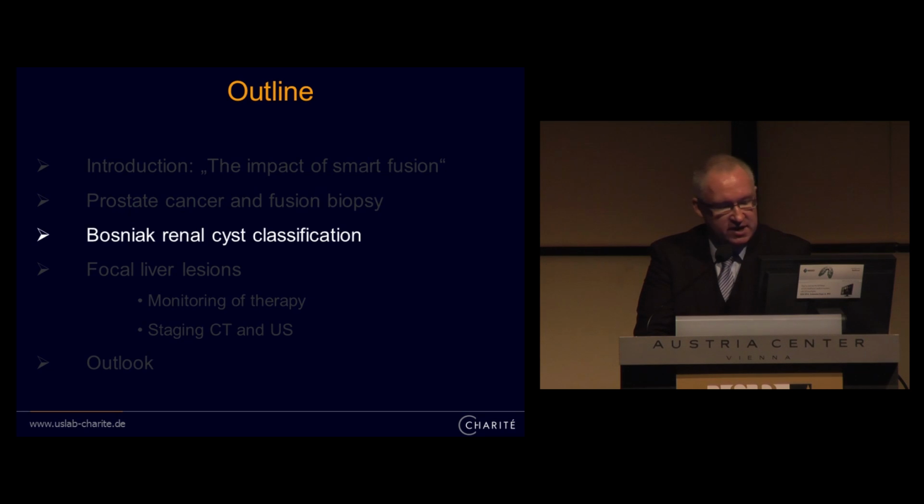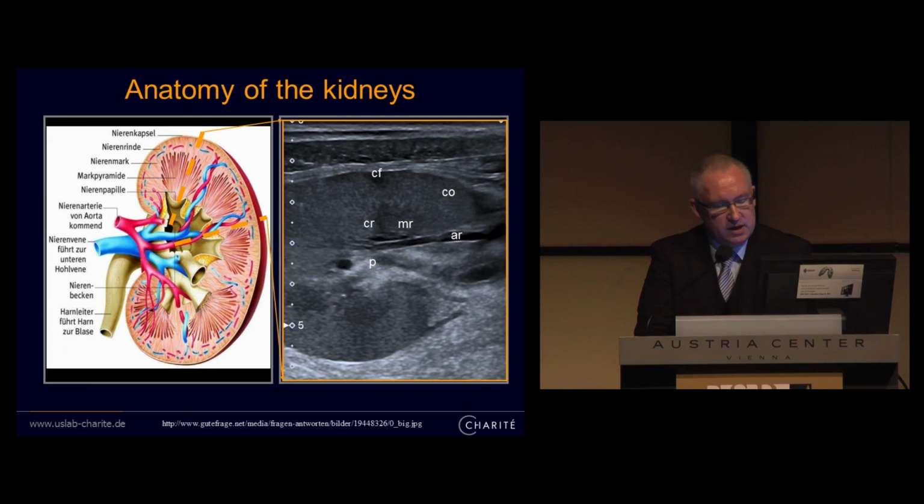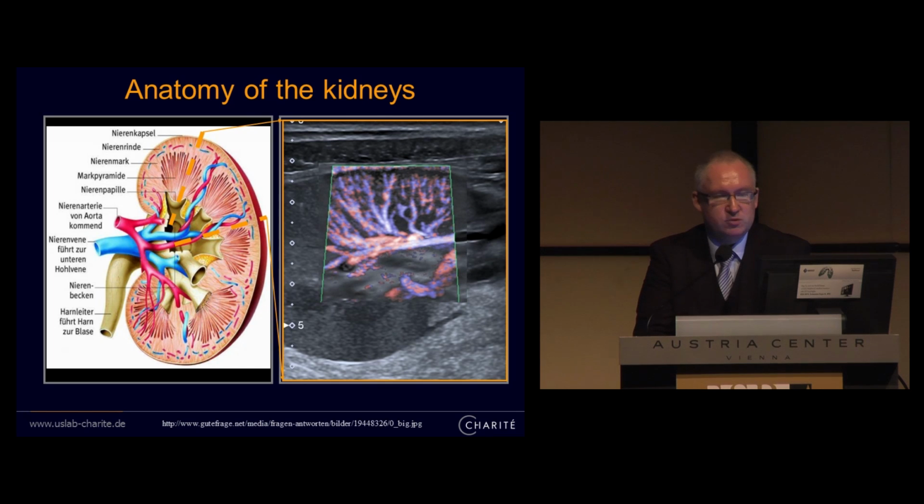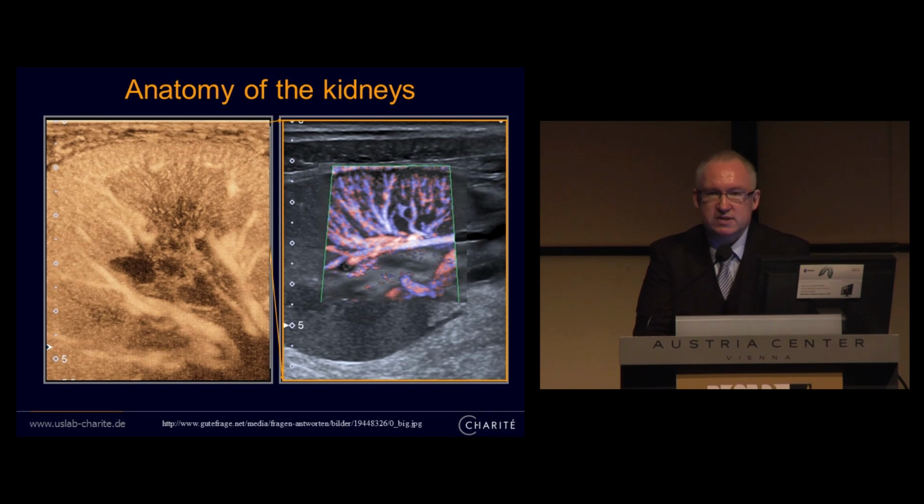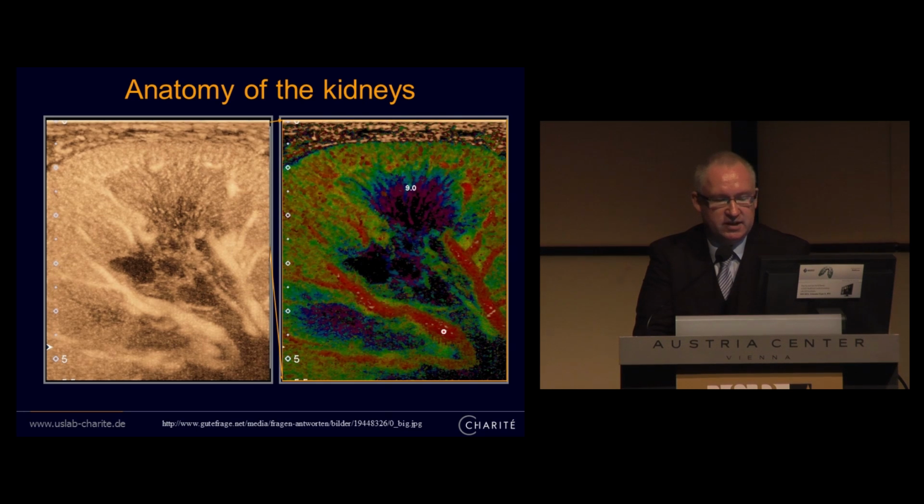What about Bosniak renal cyst classification? And of course, we have to know first, we have a very nice B-mode quality. The kidney looks like an anatomical booklet, in my opinion. We see the vascular architecture based on advanced dynamic flow Doppler techniques. And this is contrast application, which is now available for a linear transducer for a better delineation in the kidney.